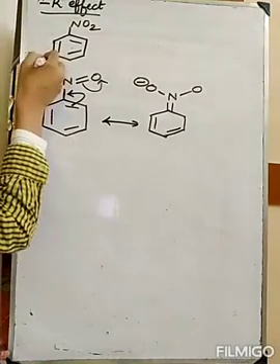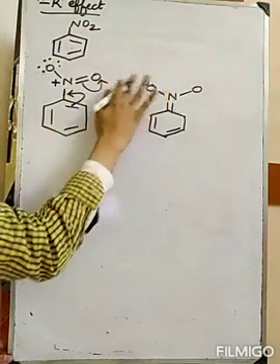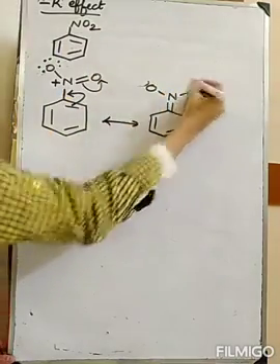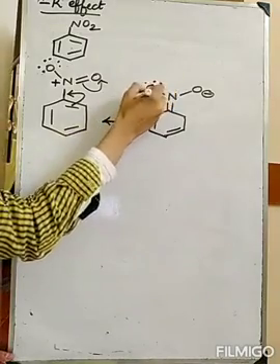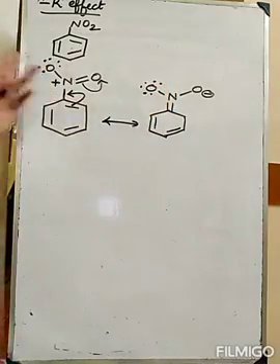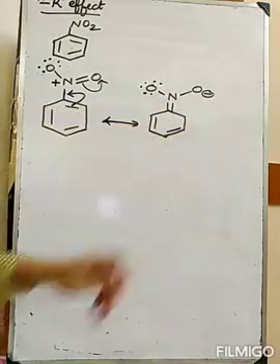For this oxygen, I will keep it as a dot, and for this oxygen, I will represent it as minus charge. Understood? Because on both sides we need not put minus charge. One side we will represent by dot and the other side minus charge.